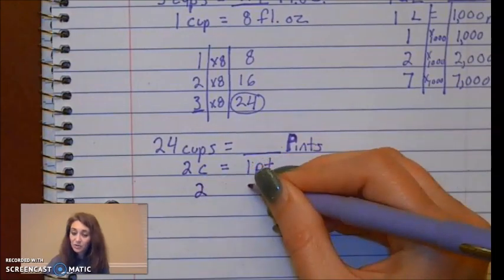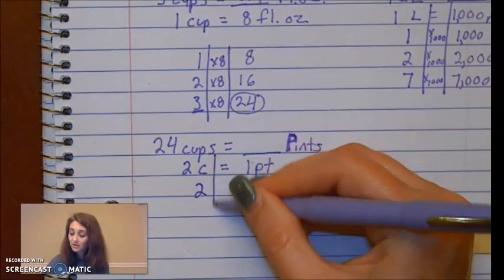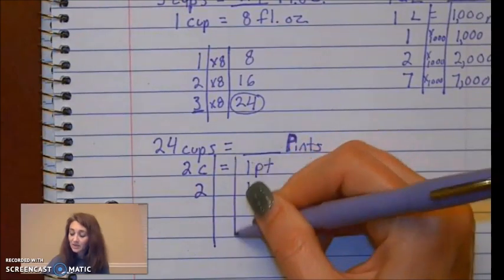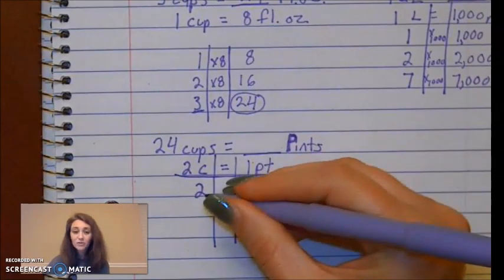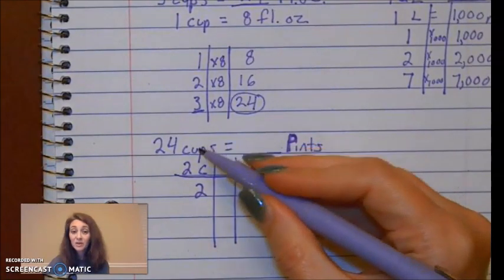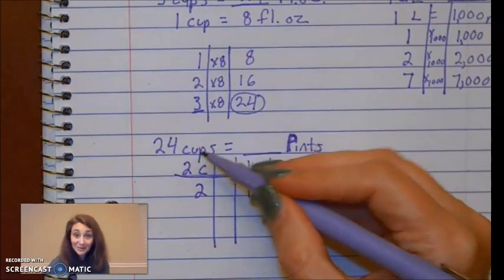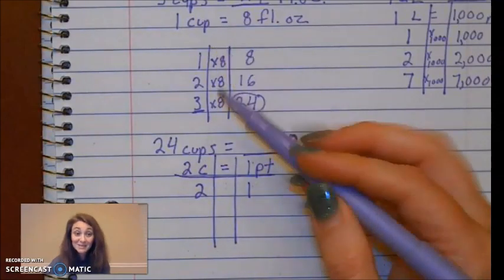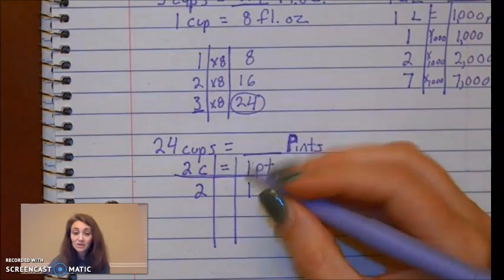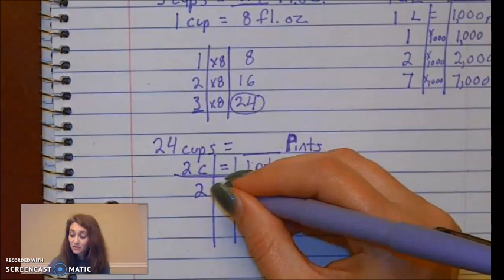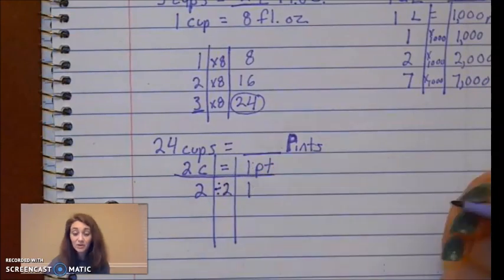I want to get from 2 to 1 in my input-output table. How do I get from 2 to 1? Well, I'm going from a small unit. It was big up here, but it's small down here. A small unit to a big unit, so I want to divide. 2 divided by 2 will give me 1.